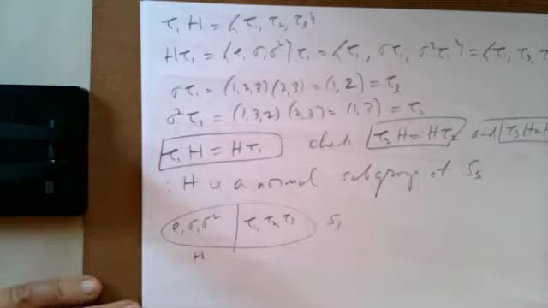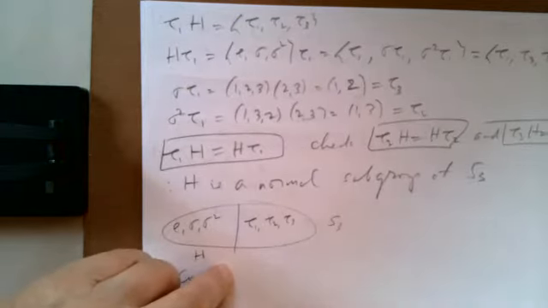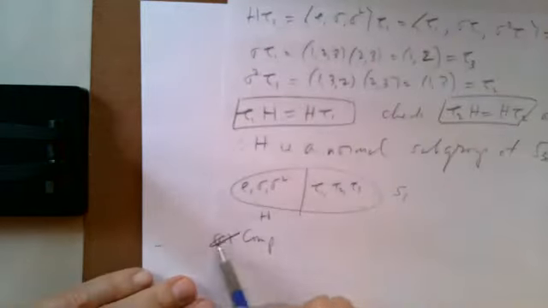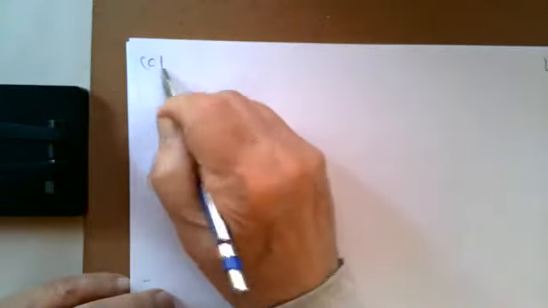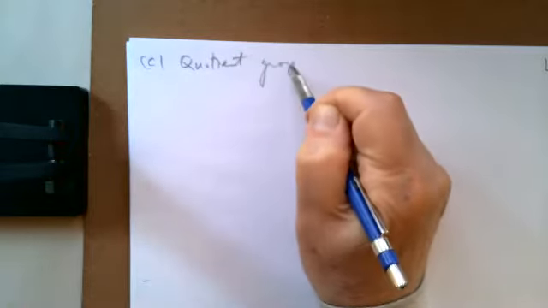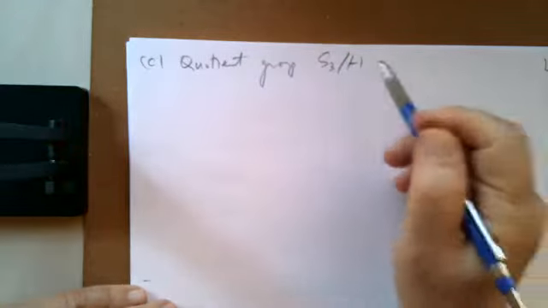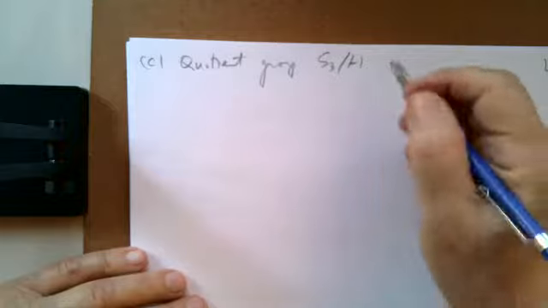All right. What's the quotient group? Let me do that on just another piece of paper. Well, S3 mod H, this is just a set of left cosets.